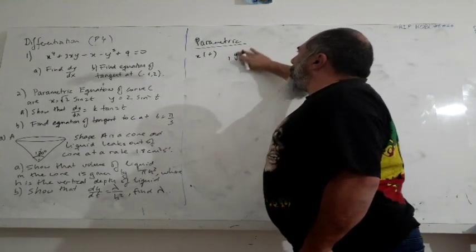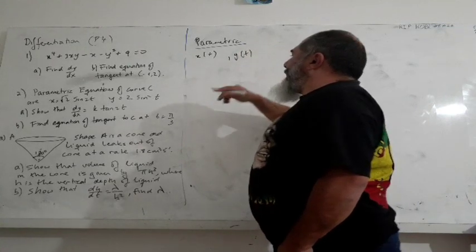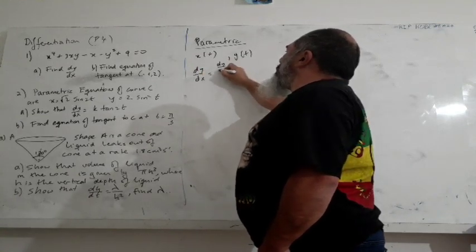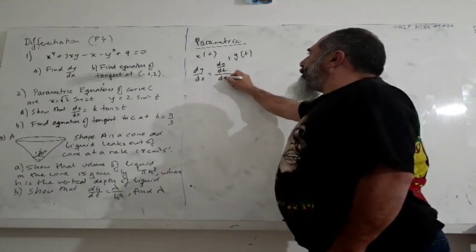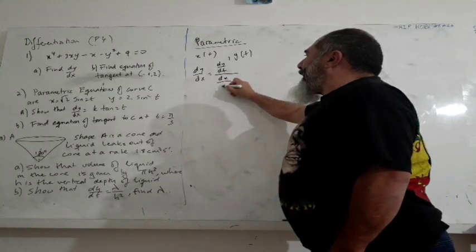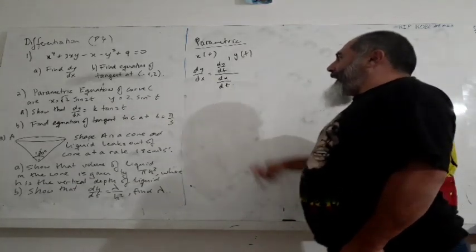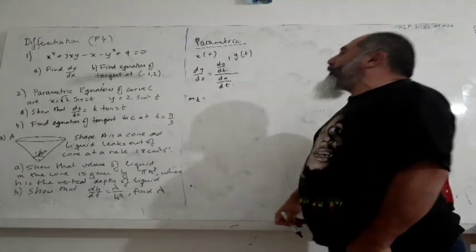If we want to differentiate, first of all we have to differentiate y with respect to t and also find the derivative of x with respect to t.